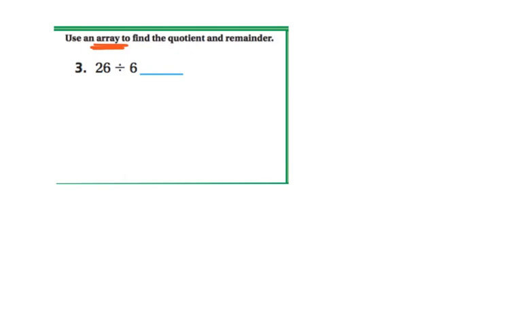So I will use rows of 6, and I'm going to see how many rows it takes for me to make 26. 1, 2, 3, 4, 5, 6, 7, 8, 9, 10, 11, 12, 13, 14, 15, 16, 17, 18, 19, 20, 21, 22, 23, 24, 25, 26.